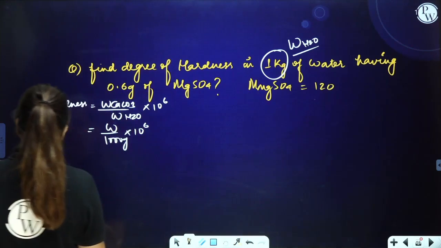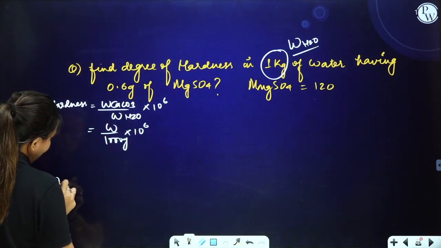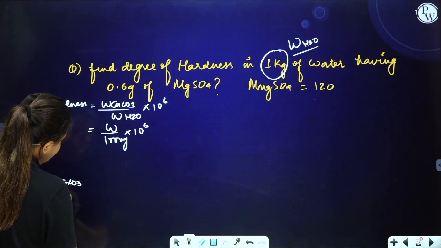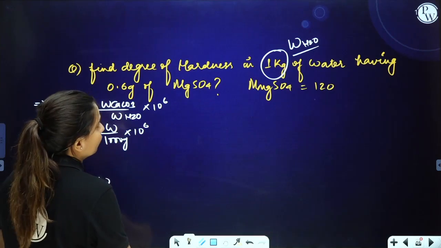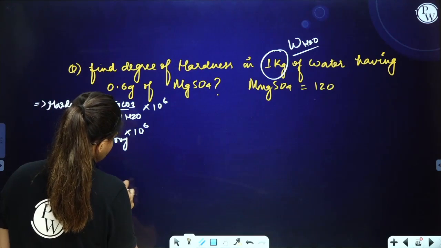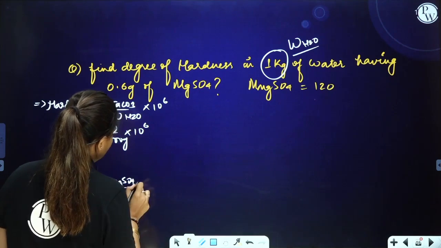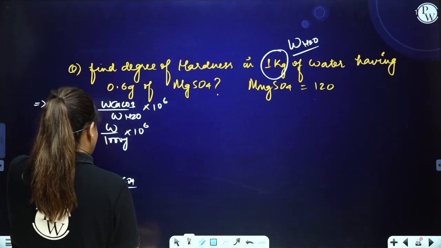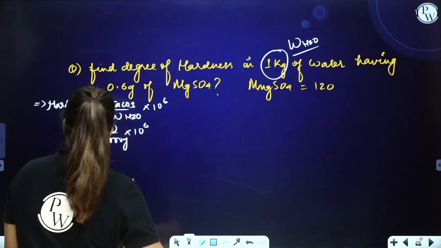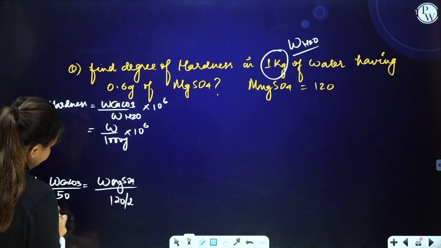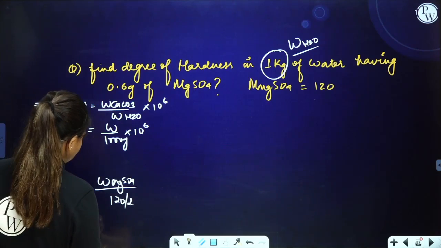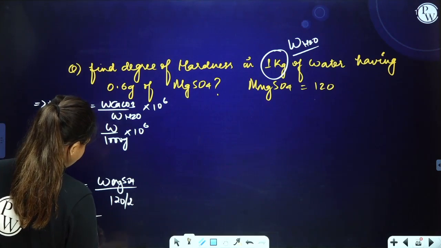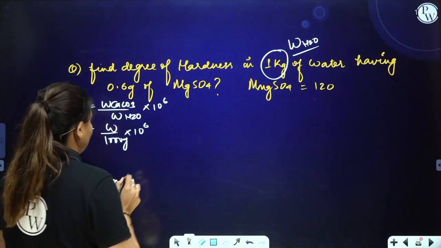Law of chemical equivalence. So the weight of calcium carbonate divided by 50 is equal to weight of magnesium sulfate divided by what is the molar mass, which is 120, and n factor is 2. So weight divided by 50, and the weight of the magnesium sulfate is 0.6 gram divided by 60. Calculate this.